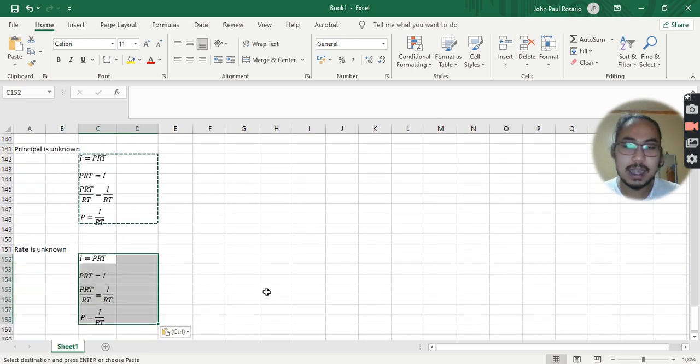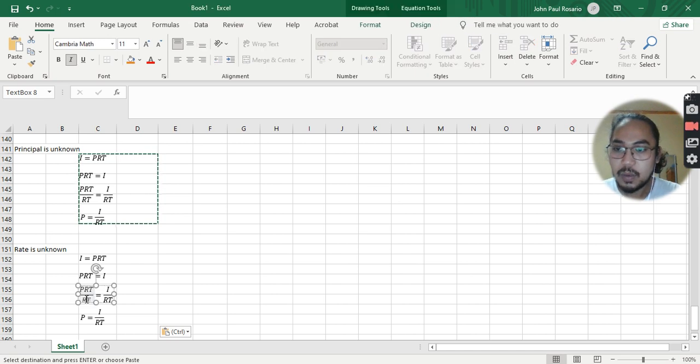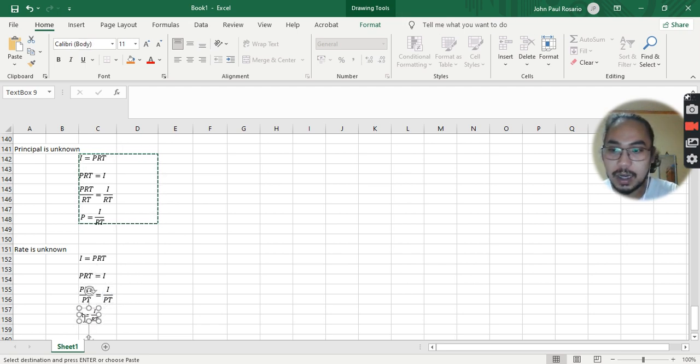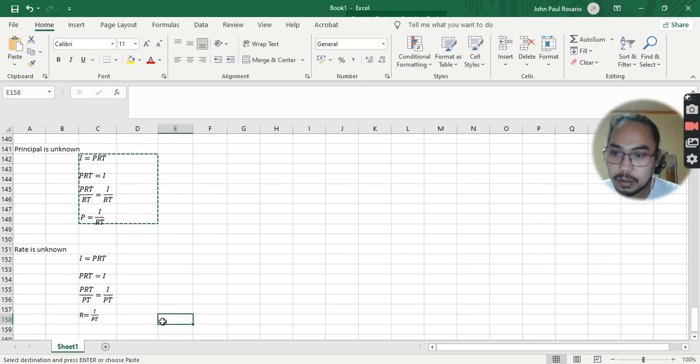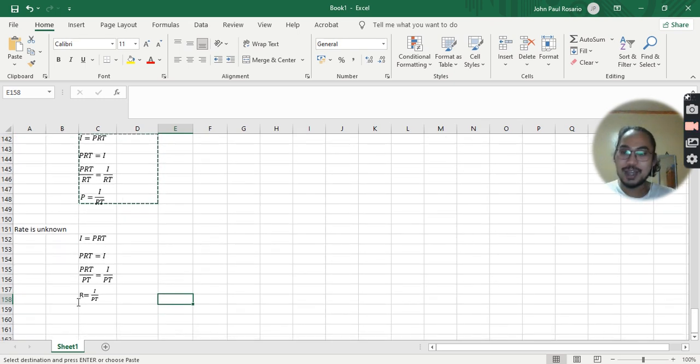The difference is that since R is the unknown, R remains, and what we transfer here would be P and T. Our final formula would then be R is equal to I over PT.